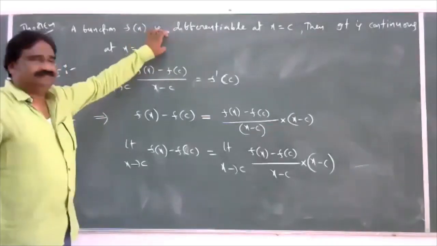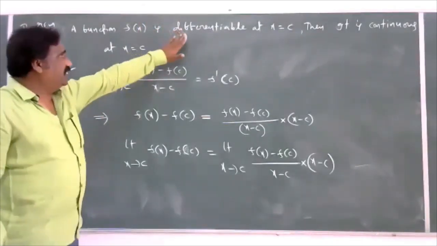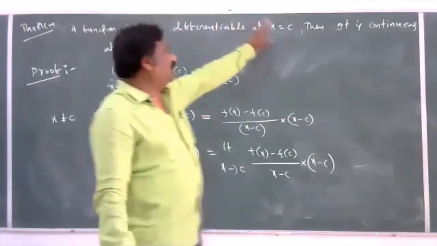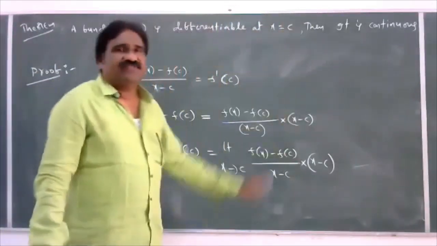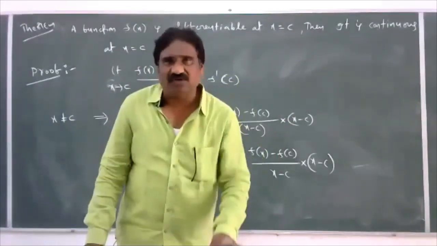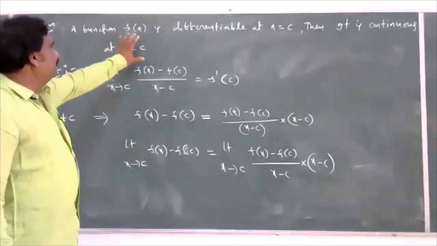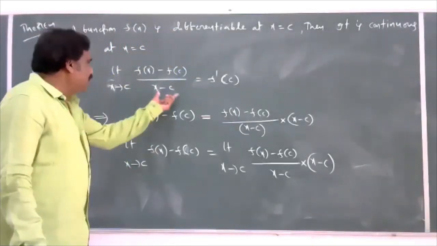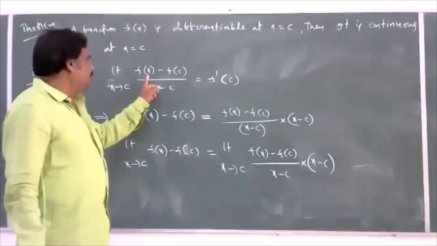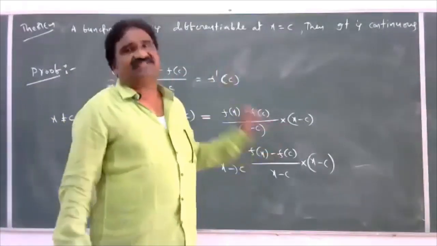First, what is given in the statement? The given function f of x is differentiable at x equal to c. Then we want to prove it is also continuous at x equal to c. That's why in the proof I am taking already given f of x is differentiable. That's why I am taking limit x tends to c, f of x minus f of c by x minus c is equal to f dash c.